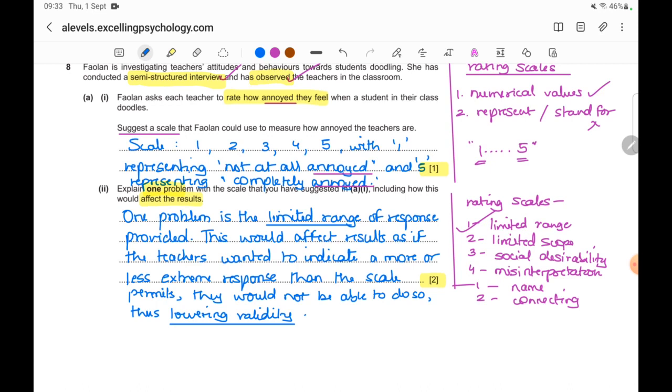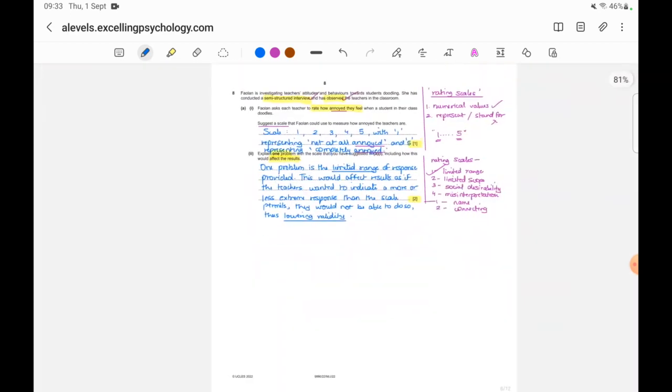Because if participants have something in mind, they are not able to truthfully express it. So we are saying that validity is lowered.